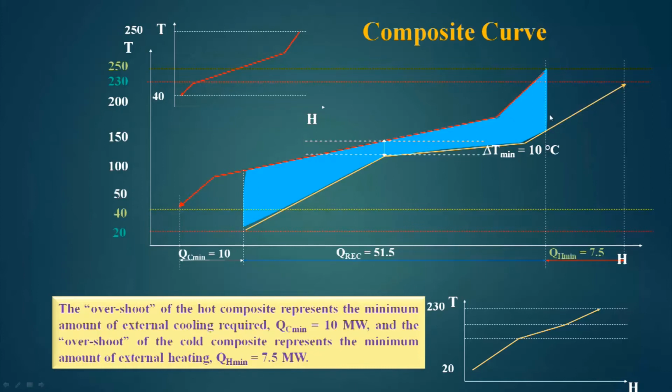So, this requires external heating to bring from this temperature to this temperature, which is equal to 7.5 megawatt. That means, if I pass 7.5 megawatts from here, then these streams can be heated from this point to this point. Similarly, this hot composite can be cooled from this point to this point if I use cold utility worth 10 megawatt.